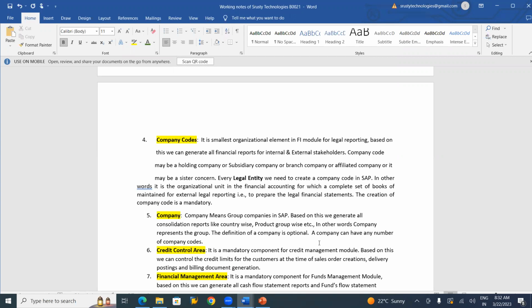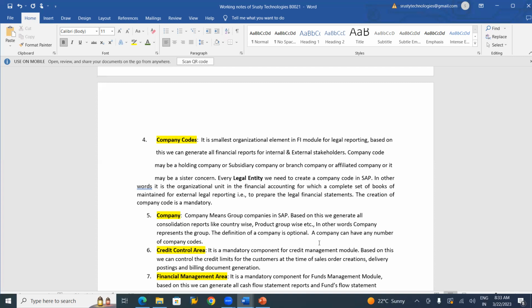In other words, it is the organizational unit in the financial accounting for which a complete set of books of accounts are maintained for legal reporting.